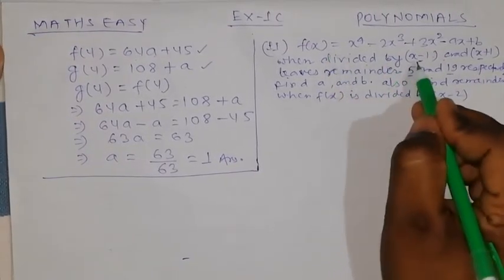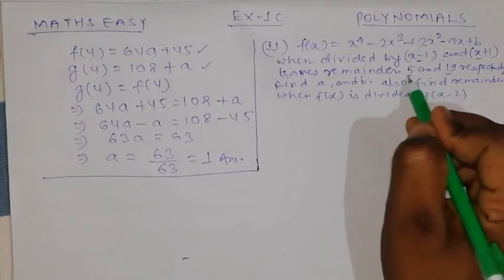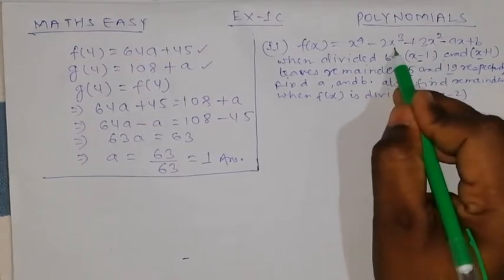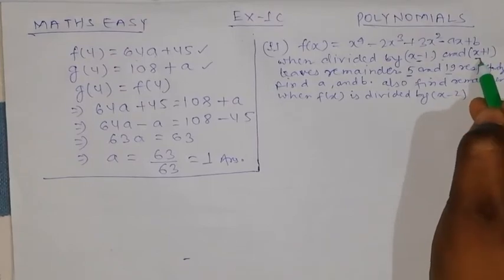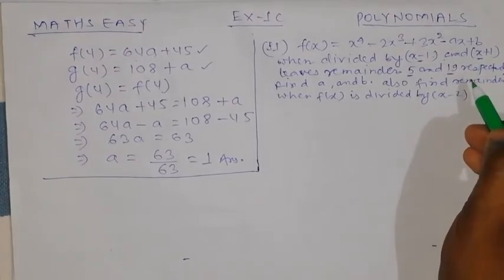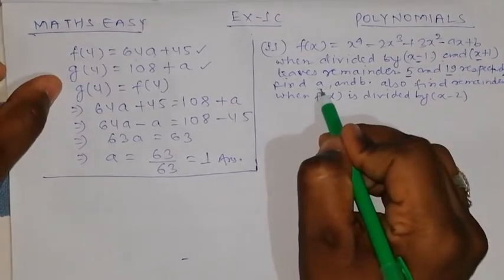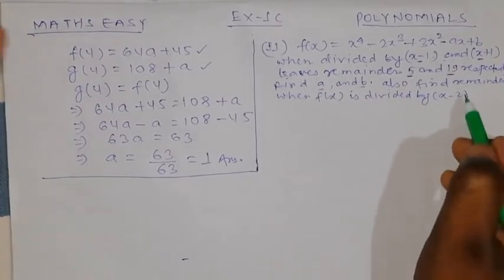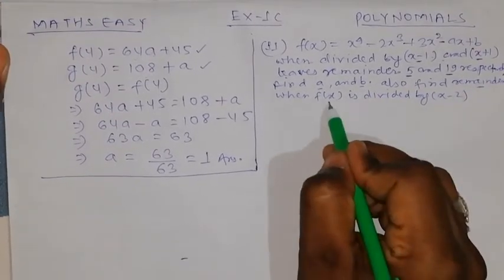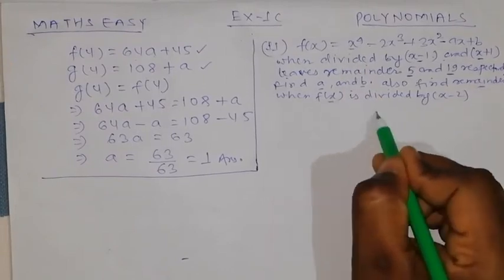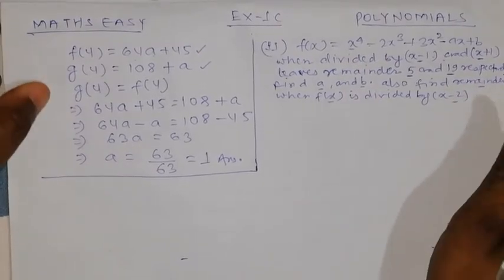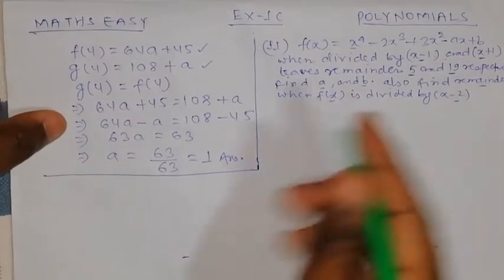That means when f(x) is divided by x - 1 it leaves the remainder 5, and when f(x) is divided by x + 1 it leaves the remainder 19. Then we have to find a and b. Also find the remainder when this f(x) is divided by x - 2. This is the question.